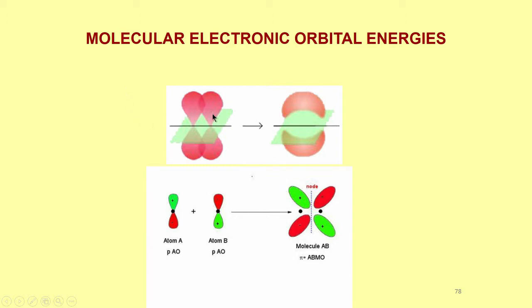Similarly, this is another type. You can see this is the plane of the atom. There is a dumbbell shape, one above the plane, one below the plane, another pi orbital of another atom. When they form a compound, they come very close to each other. That closeness is controlled by the electronic properties of the atoms. If they come too close, electrons will start repelling. If they come still closer, the nuclei will start repelling.